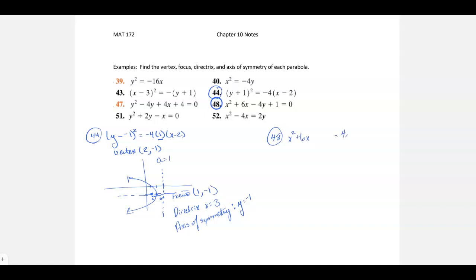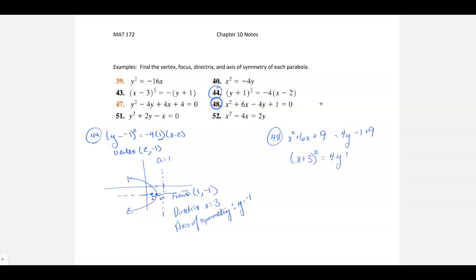And I'm going to move the y and the 1 over. So when I complete the square, I take half the middle and square it. Half of 6 is 3. 3 squared is 9. If I add 9 here, I'm going to add 9 over here. So this factors into x + 3 times x + 3, which is x + 3 squared.